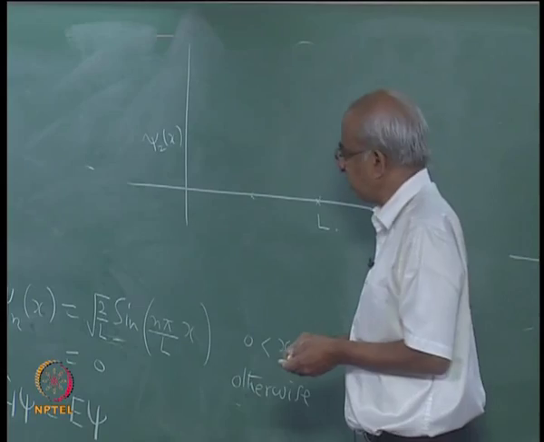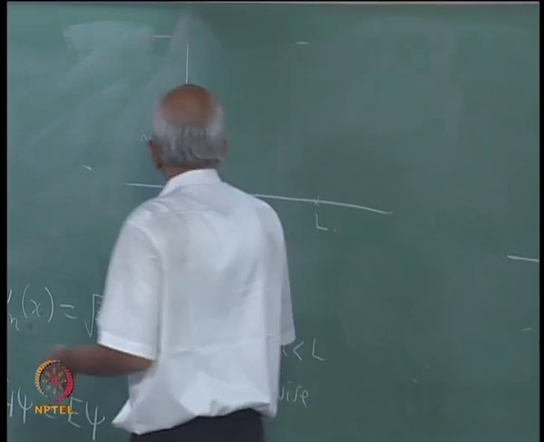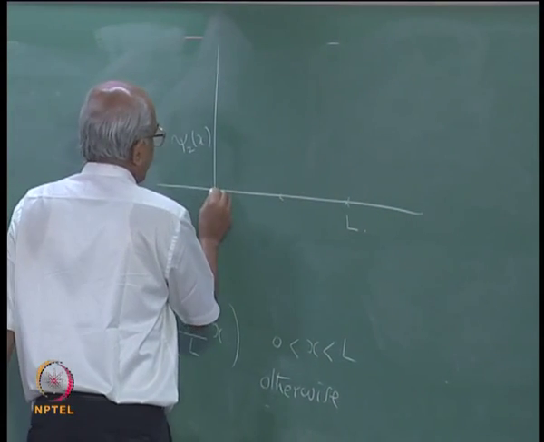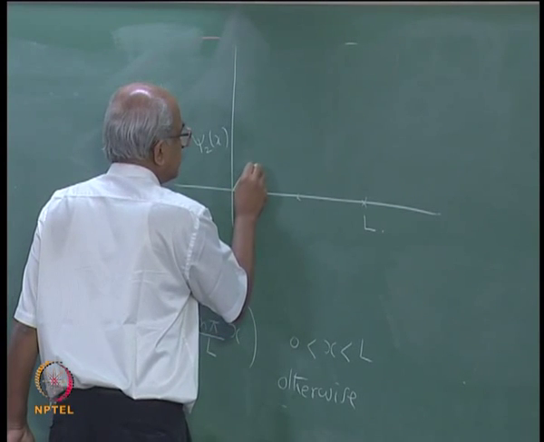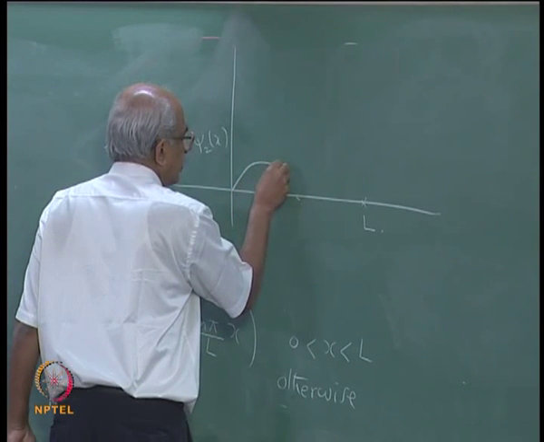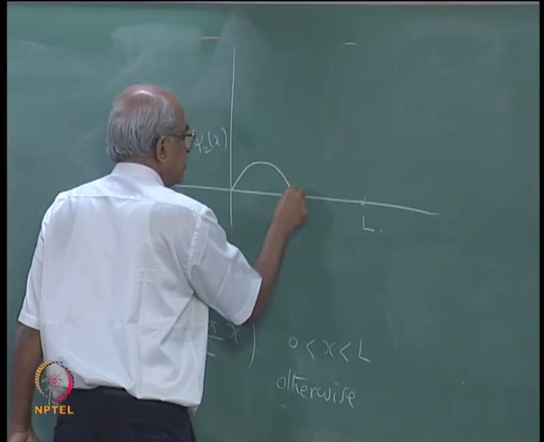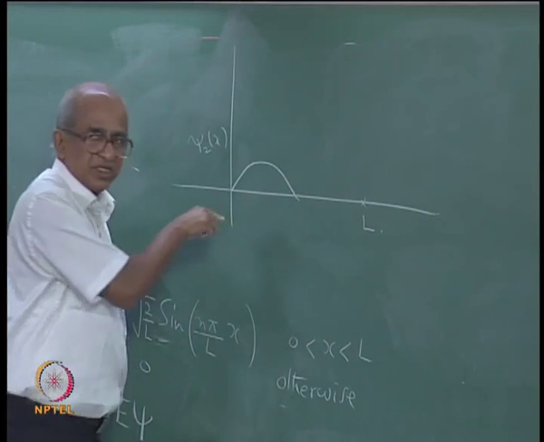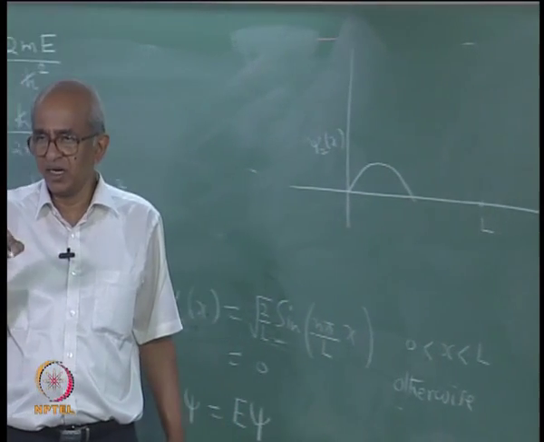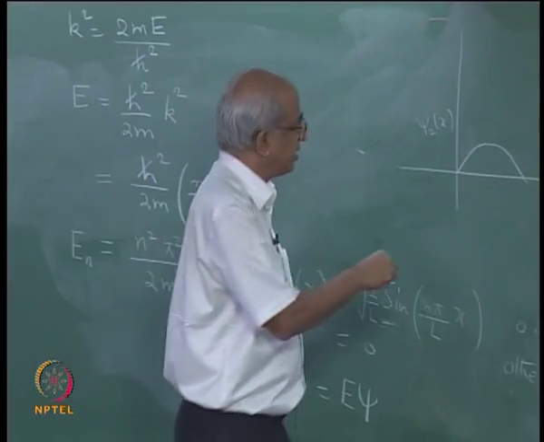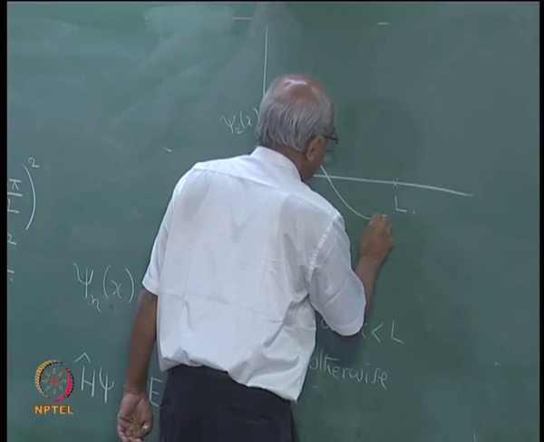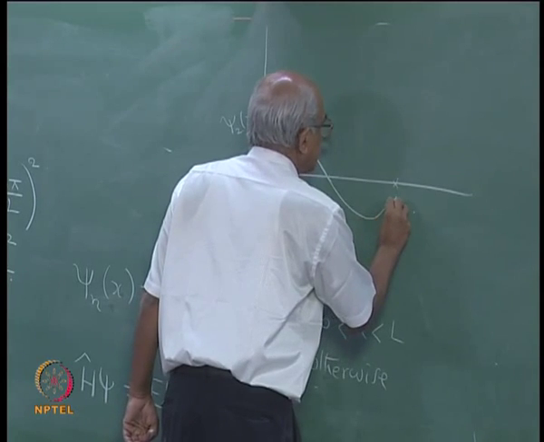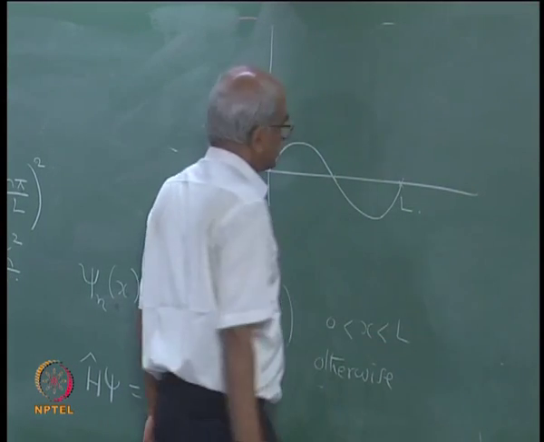So, would you like to guess? Actually, you can make a plot, but we can even guess. The function will start with the value 0, it will increase, reach some maximum value and then decrease and reach the value 0 at the middle, and then it goes down, the function becomes negative, and then again at the other boundary the function becomes 0.